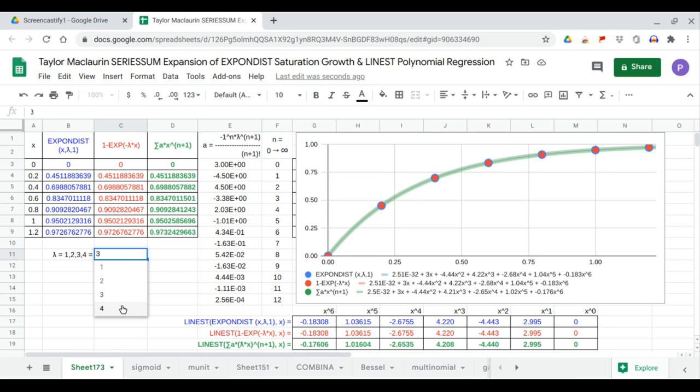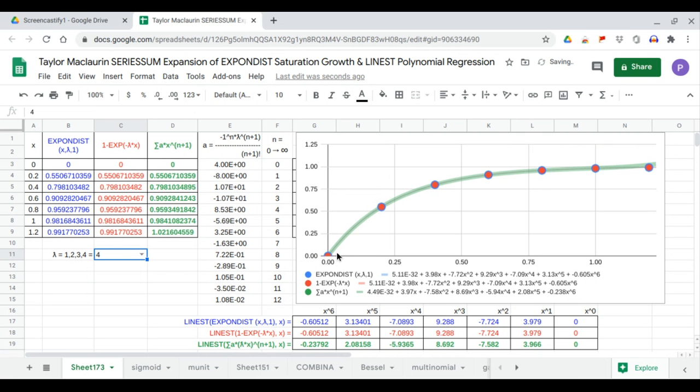At lambda equals 4, it's now saturating to 1, and the trend line equations, the regression coefficients are the same up to here, but the error begins up to this portion. The trend line equations, they're the same up to this portion at the third degree.